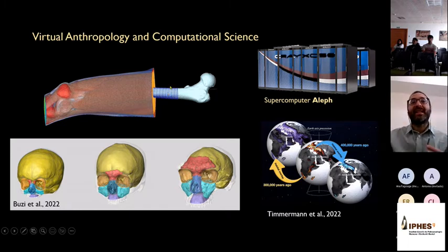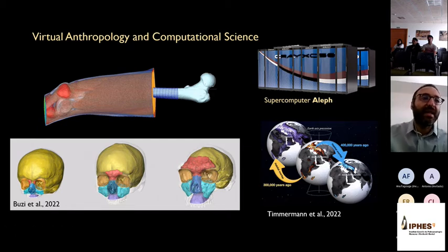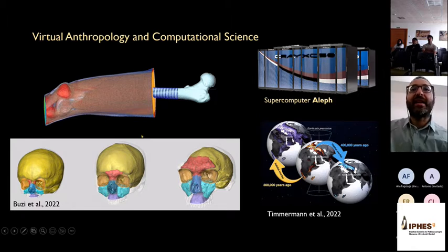Once we have defined the 3D model, we can measure some parameters, extract shape variables, as in this case with geometric morphometrics, but we can also extract and study virtual cavities like the endocast, the maxillary sinuses, and so on.